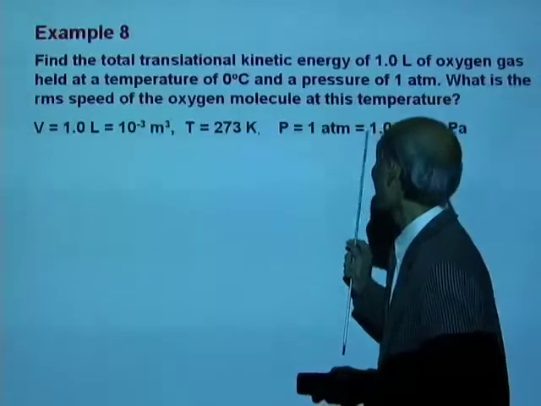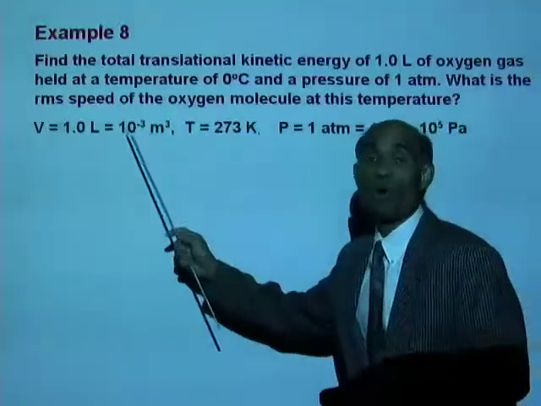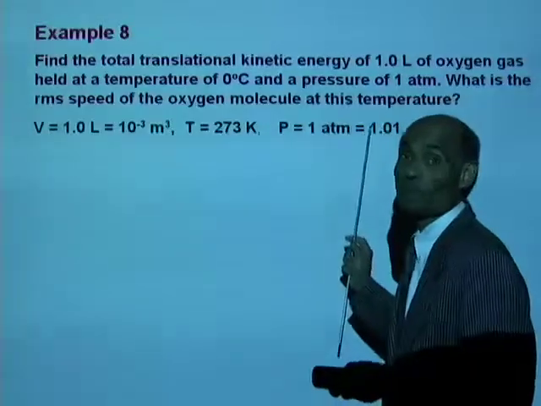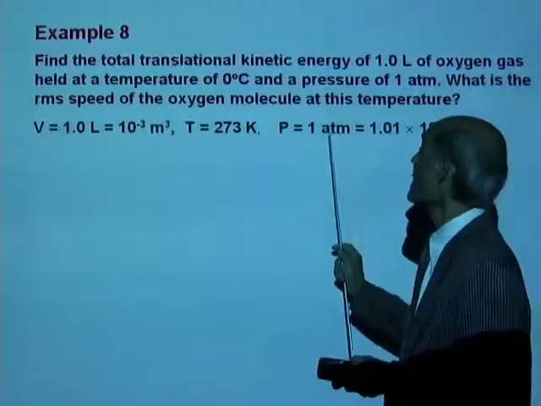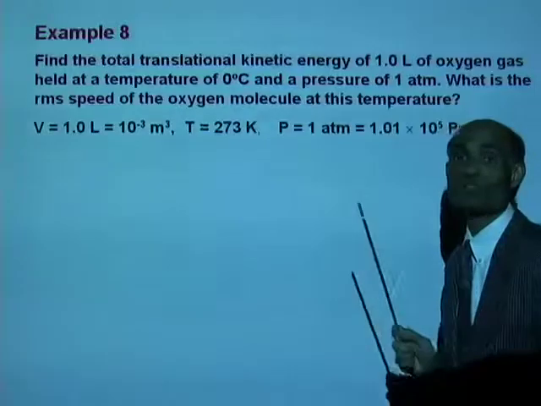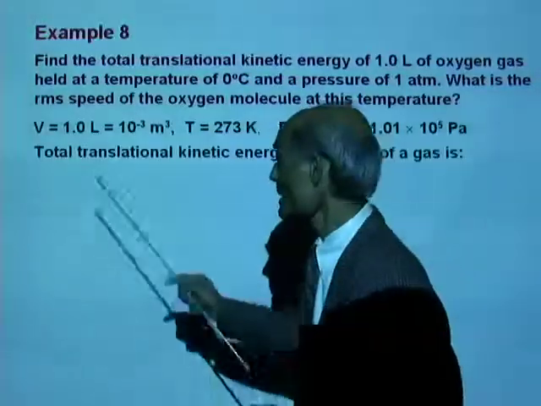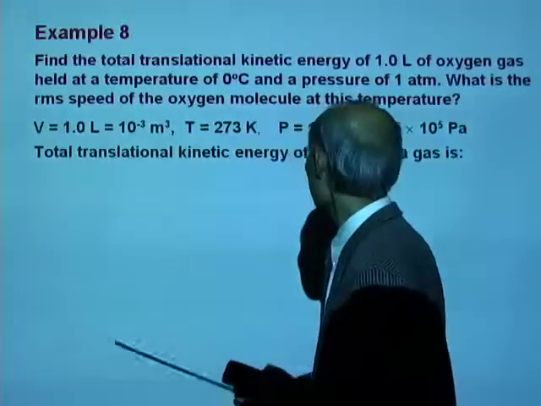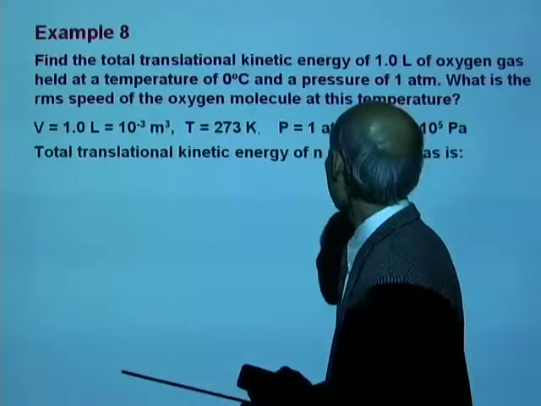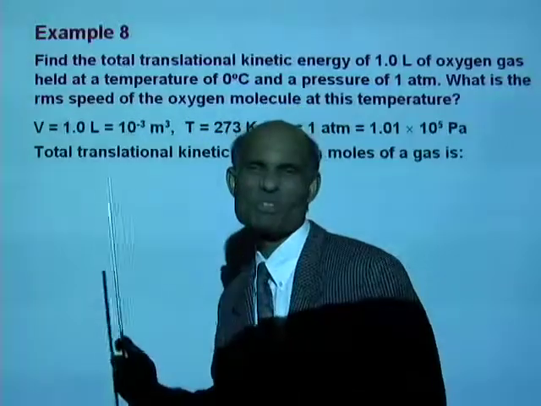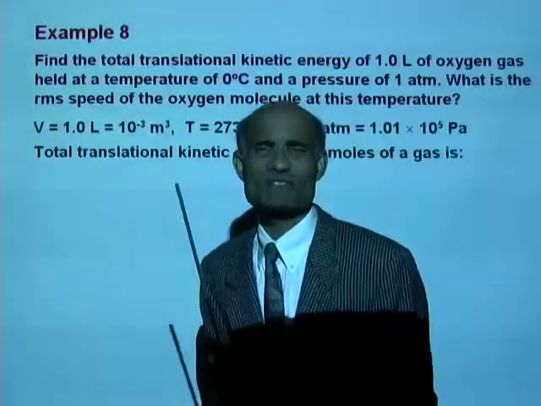Pressure is 1 atmosphere. We are using all absolute units: volume in meter cube, pressure in Pascal. 1 atmosphere is 1.01 times 10 to the 5 Pascal. The total translational kinetic energy of n moles of a gas. Do you remember that equation we just got 2 slides ago?